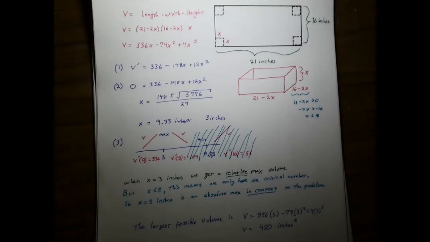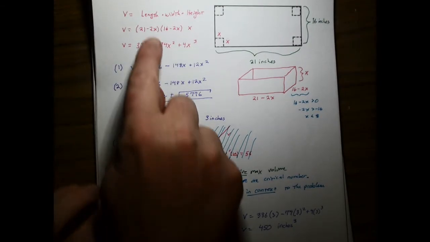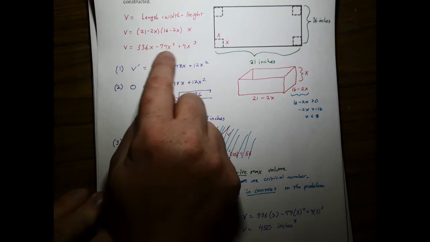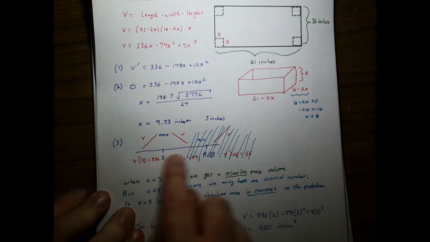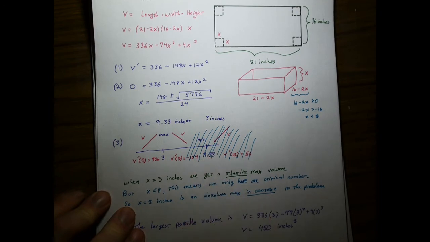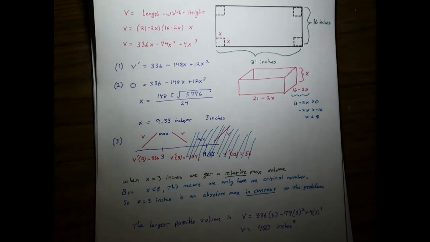So again, if we take a look, we had to start by creating a volume function, then go through our derivative process, excluding anything that doesn't fit the problem, and then answering the question.